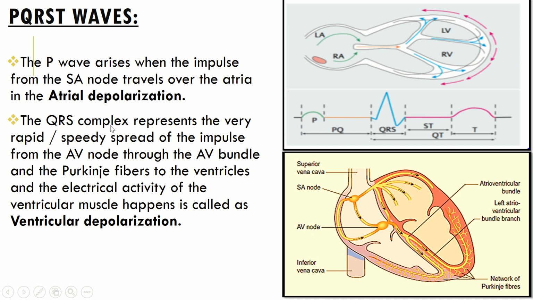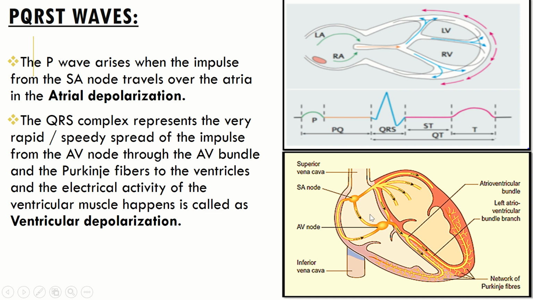Next is the QRS complex, which represents the very rapid spread of the impulse from the AV node through the AV bundle and Purkinje fibers to the ventricles. The electrical activity of the ventricular muscle is called ventricular depolarization. So after atrial depolarization, what depolarizes? The ventricle depolarizes.